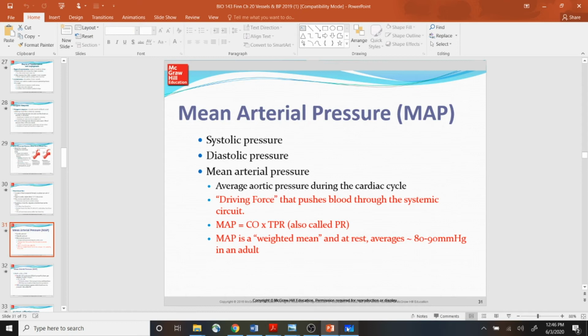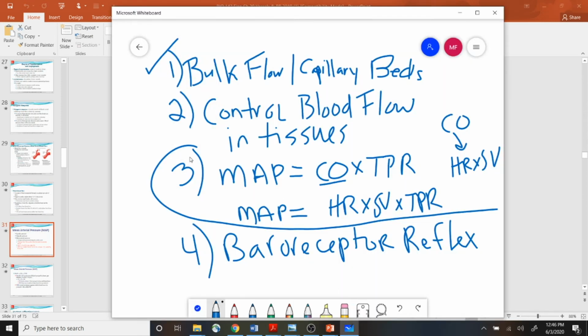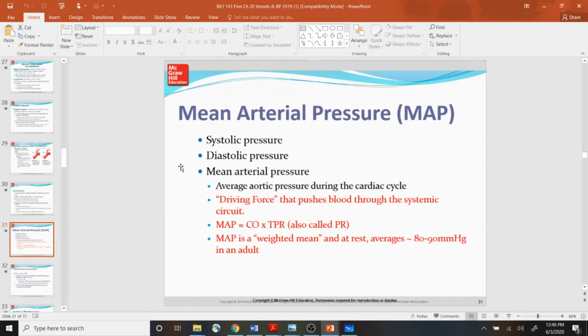So now we're moving into our last significant objective, mean arterial pressure, and that will lead us into the baroreceptor reflex also. I'd like you to take a minute.